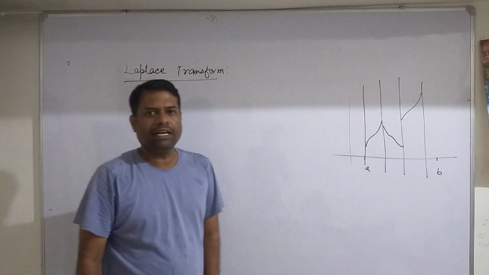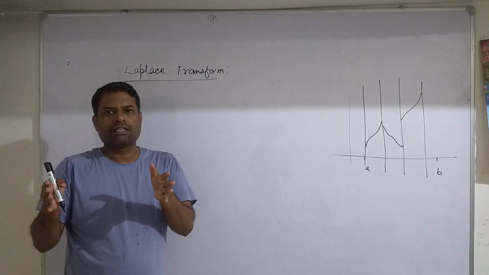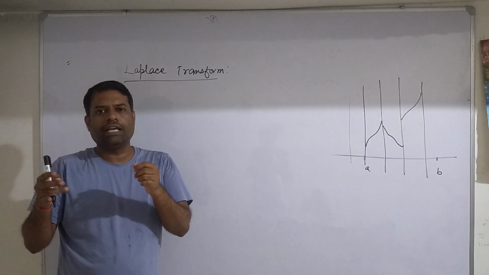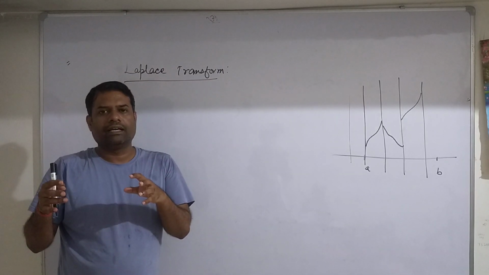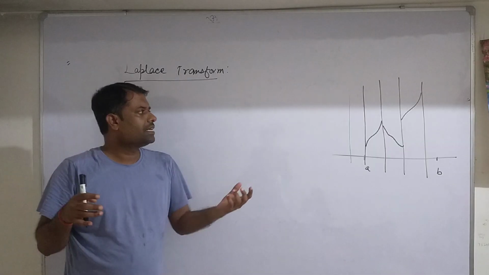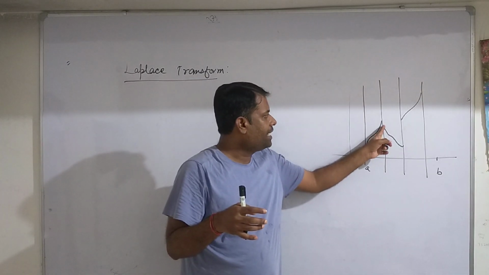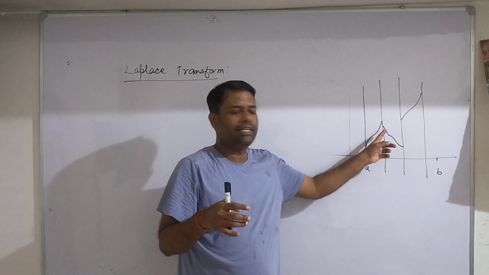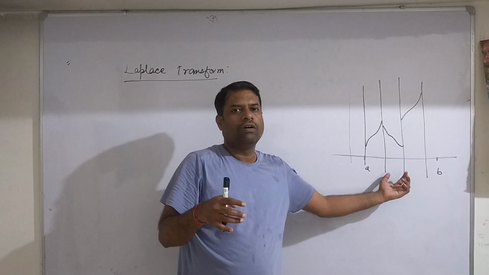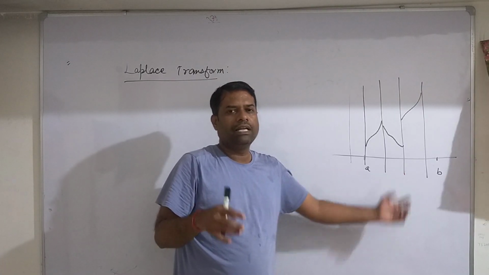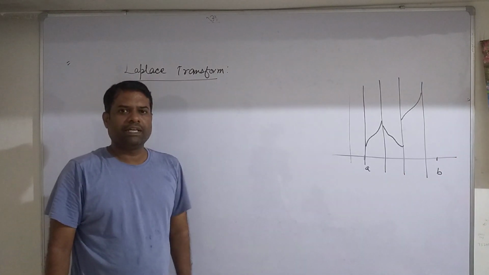So if a function is continuous in the interval ab, and if it has the finite left and right hand limit in every subinterval of the domain a1 b1, then we say that the function is piecewise continuous.